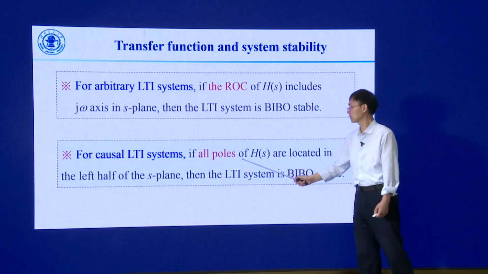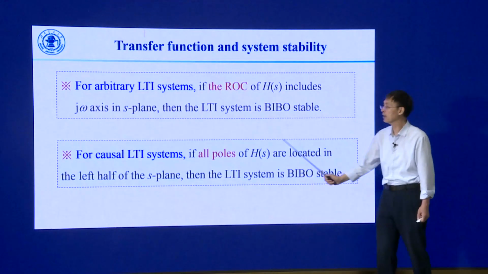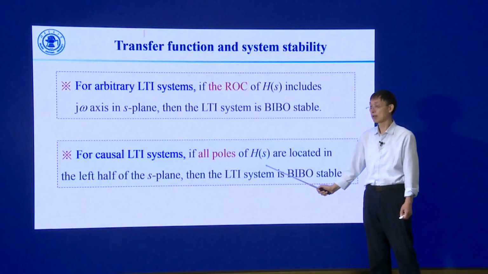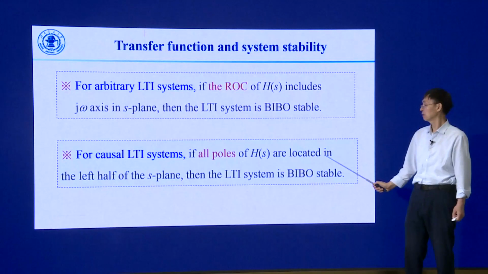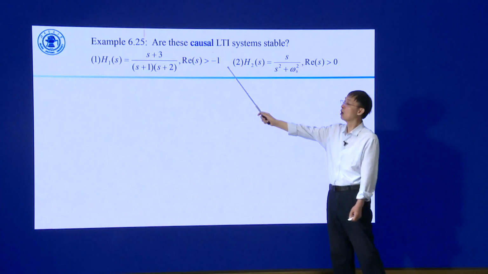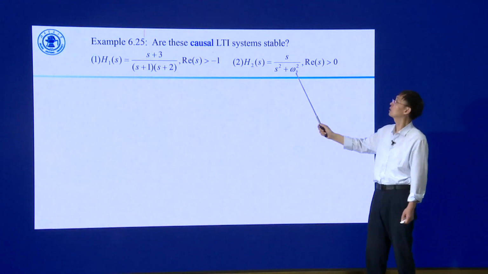If all poles of H(s) are located in the left half of the S-plane, then the LTI system is stable. For example, we now have causal LTI systems.